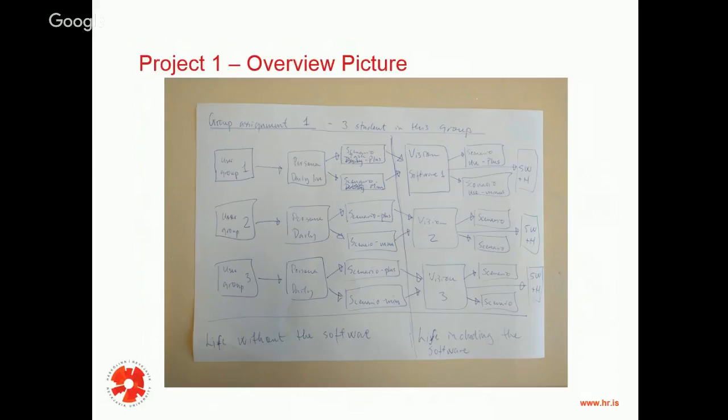You make a vision of a software for this user group. And then you support this vision with scenarios describing how life is after getting the software. And also this context analysis is for when they've got the software.